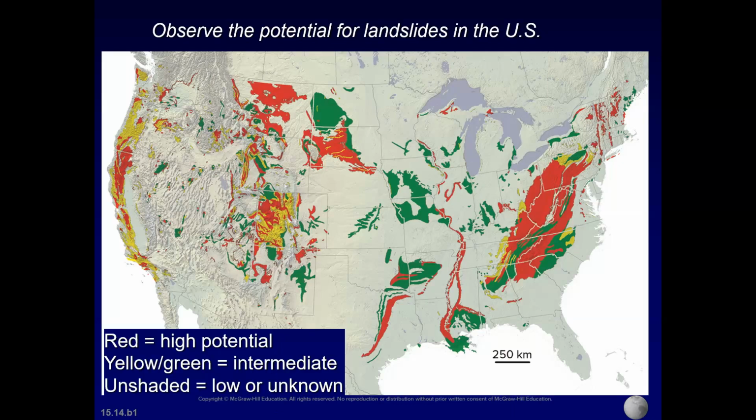And thinking about risk across the lower 48, we're seeing red as high potential for landslides, yellow and green as intermediate, unshaded as low or unknown. So I want to highlight some things if I could.